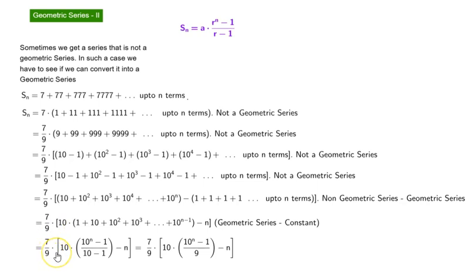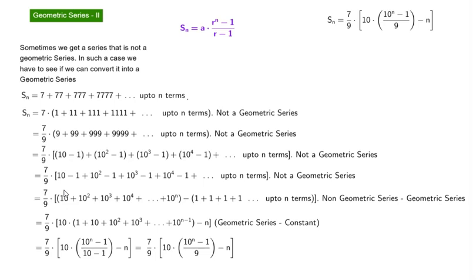So 7 by 9 times, now here is where the formula comes, 10 to the power of n minus 1 by 10 minus 1 minus n, which is equal to 7 by 9 times 10 times 10 to the power of n minus 1 by 9 minus n. So we have arrived at a formula. So the sum of first n terms in this is equal to this formula.